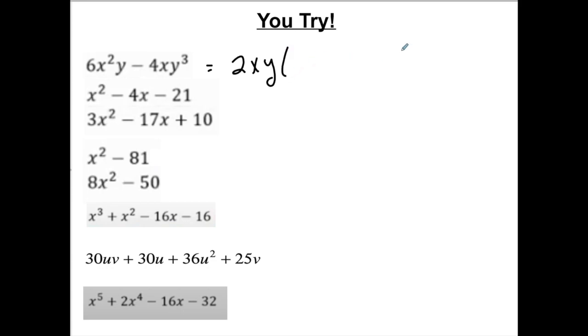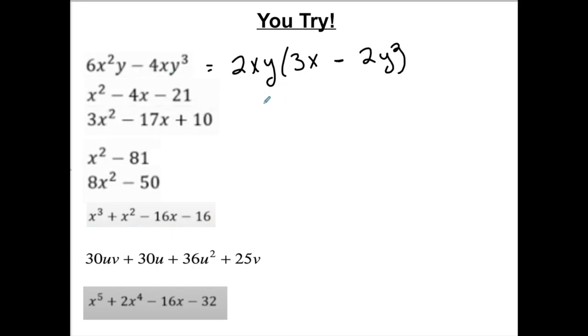So the 2xy comes out, and what's left is 3x minus 2y squared, because when you multiply here, you get 6x squared y, and here you get 4x y cubed. And because it's a negative, you get the minus there.